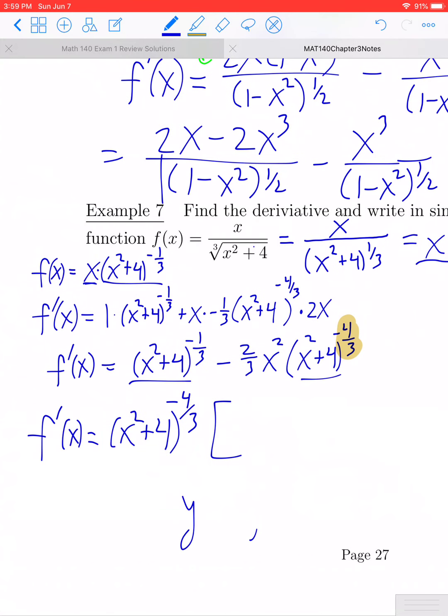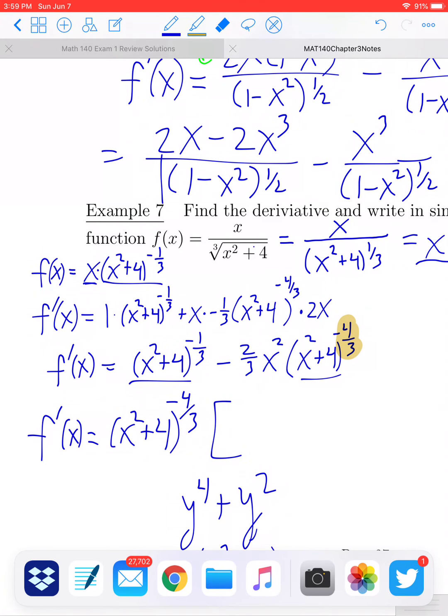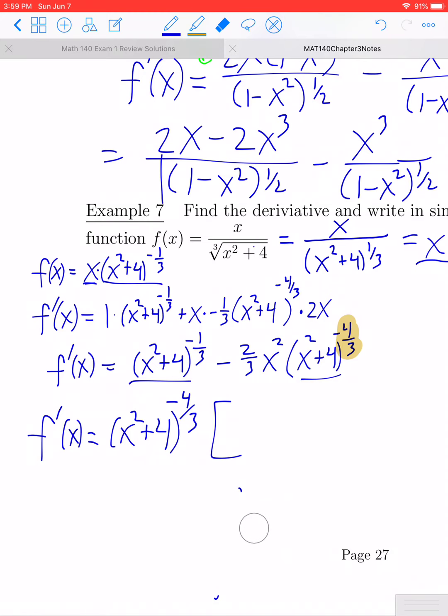Whenever you factor out that common power, what it does is it subtracts that power from the powers that were on the inside of that term. So therefore, what I'm going to have is the following.